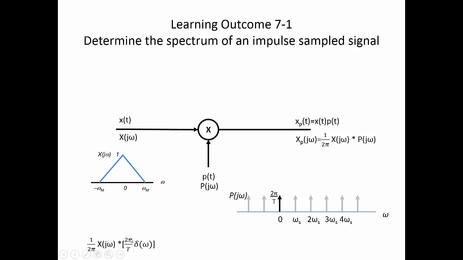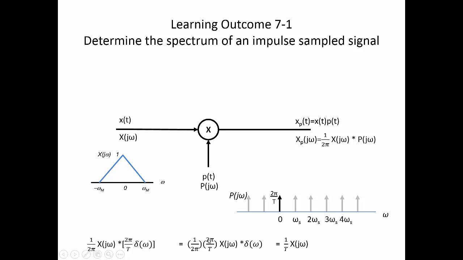That one impulse is 2 pi over T, delta of omega. It's located at 0. We have a 1 over 2 pi, and we have our X of j omega. We can do some algebra and bring our 2 pi over T, which is a constant, to the front. And then we have our X of j omega convolved with delta of omega.